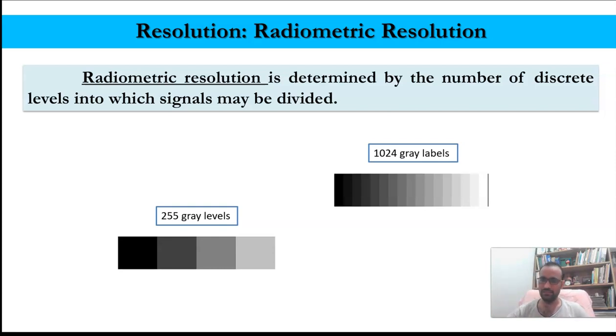Orange, pink, these are also from the red color, but they are just tones of red color. So how much gray scale of one color you can identify from the satellite data is based on radiometric resolution. That resolution is based on bytes, how many bytes your sensor has.